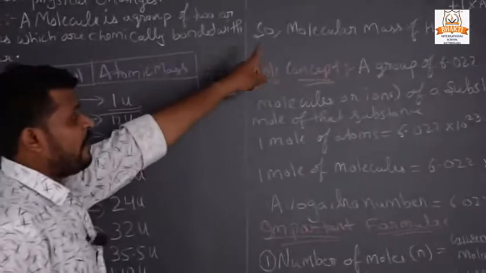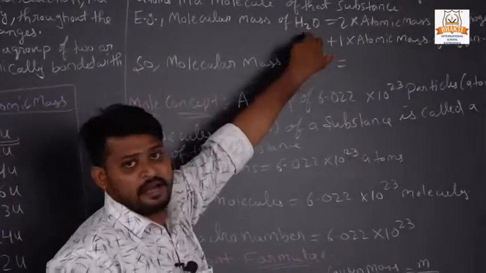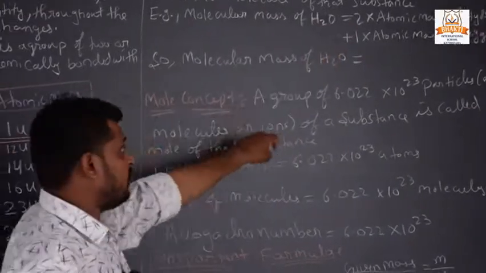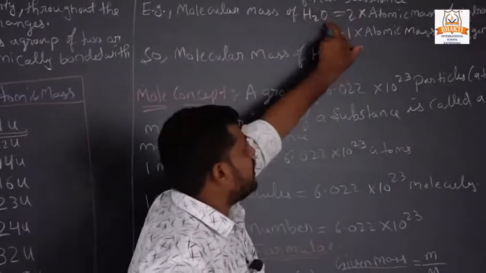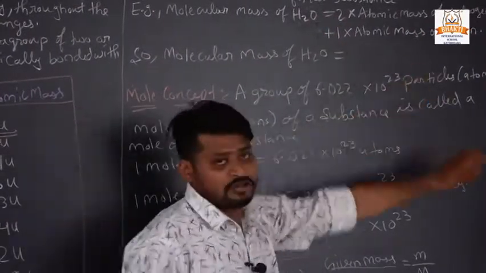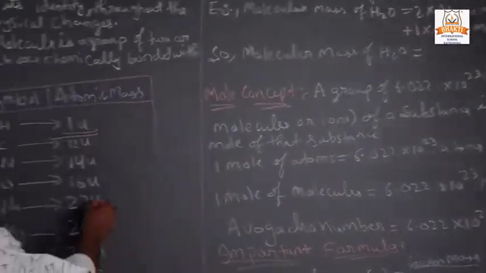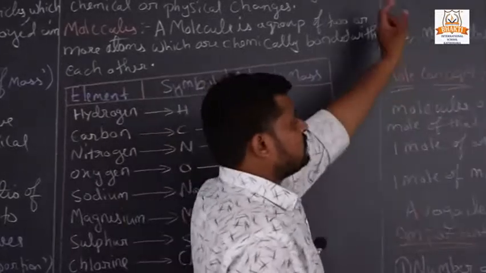It is multiplied by 2 because in H2O hydrogen has 2 atoms. Plus, the number of oxygen atoms is 1, so 1 into the atomic mass of oxygen. What was the atomic mass of oxygen? 16.